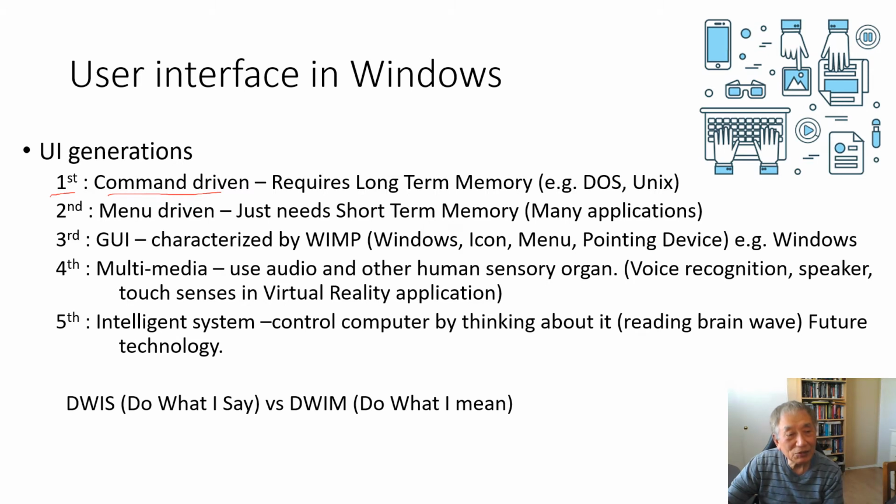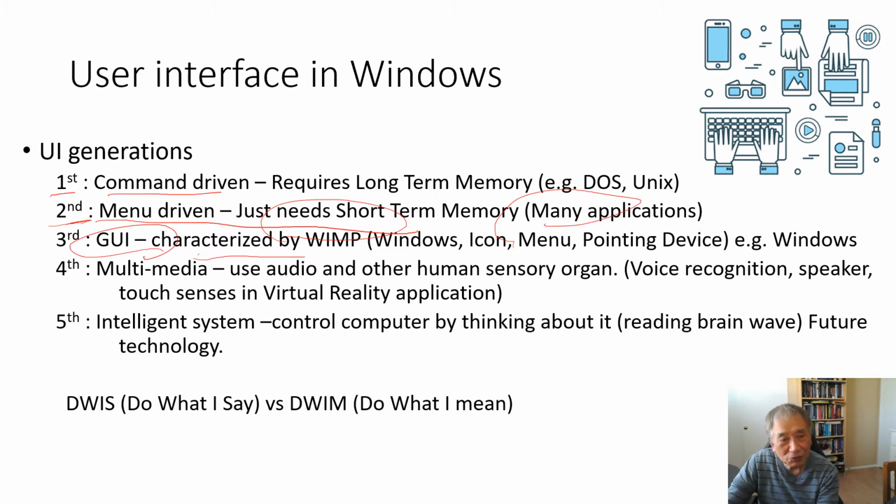Then second one is you got a menu. So you go to a restaurant and you don't remember everything, all those menu, what the food they can serve. But when you got a menu, then, oh, I see that. I'll use this. I'll have this. That kind of idea. So it's a menu-driven system. So a short-term memory is needed. And many application softwares are having a menu-driven system.